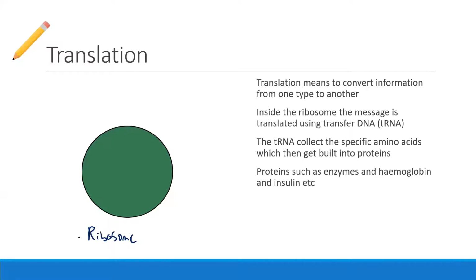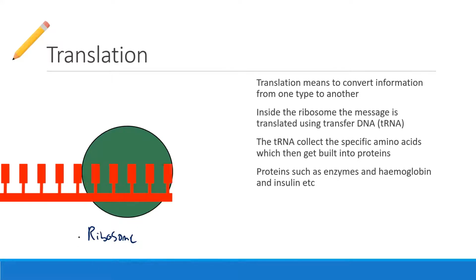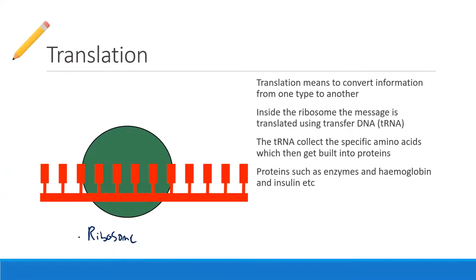So here we've got this big, long, red thing. This is our mRNA, our messenger RNA. And remember that messenger RNA is still a big, long code. It's pretty much exactly the same as the DNA.